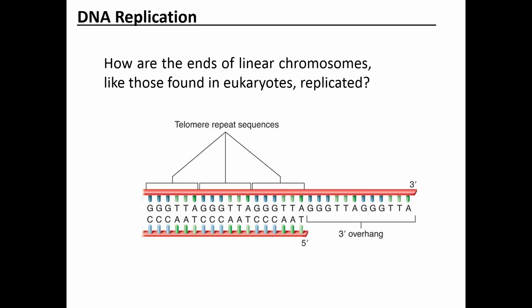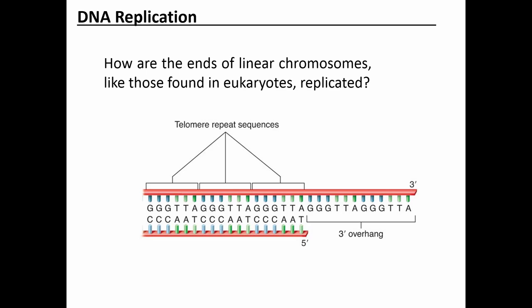For example, GGG-TTA is the short sequence, and then it just gets repeated, GGG-TTA, GGG-TTA, over and over again, and that's what the telomere consists of. It repeats that sequence 100 to 1,000 times.